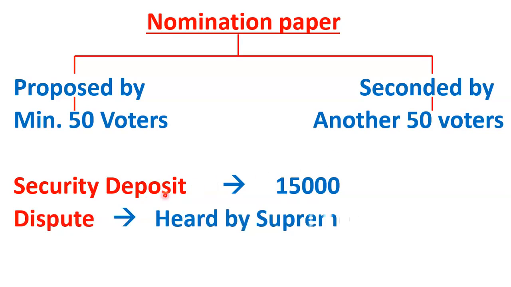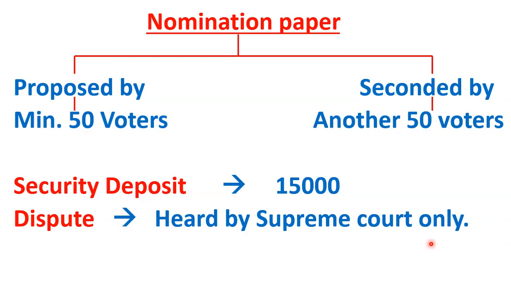After that, we will discuss the dispute. If there is any dispute regarding the election of the president, if any party or any contestant is not satisfied by the results of the election, then only the Supreme Court has the jurisdiction, the authority, to hear that dispute.